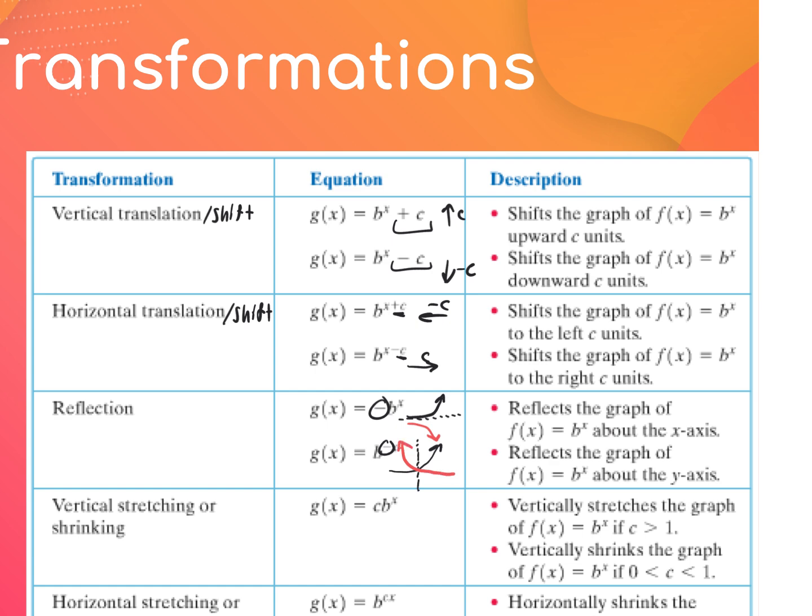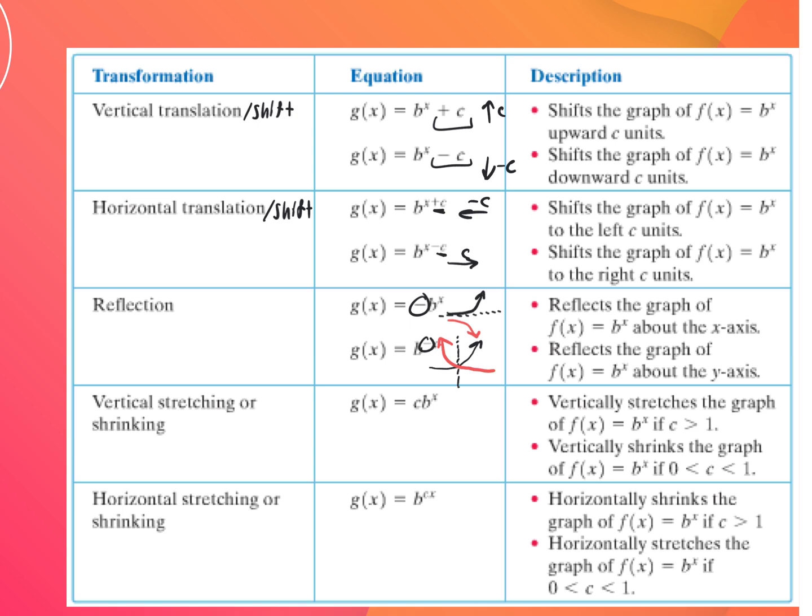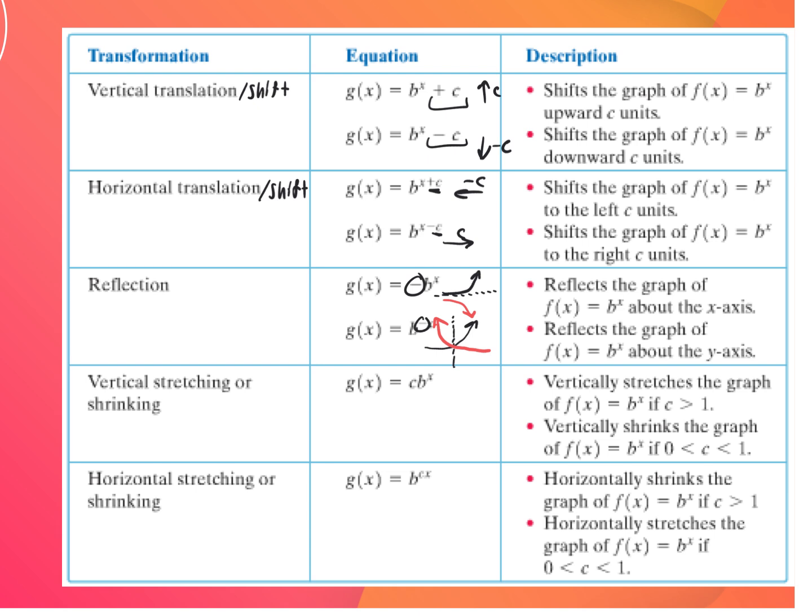All right. Any vertical stretching or shrinking. A vertical stretch happens when we have a constant in front of our function. It is a stretch if our constant is bigger than 1. It is a shrink if it is between 0 and 1, right? And we've talked about that before.